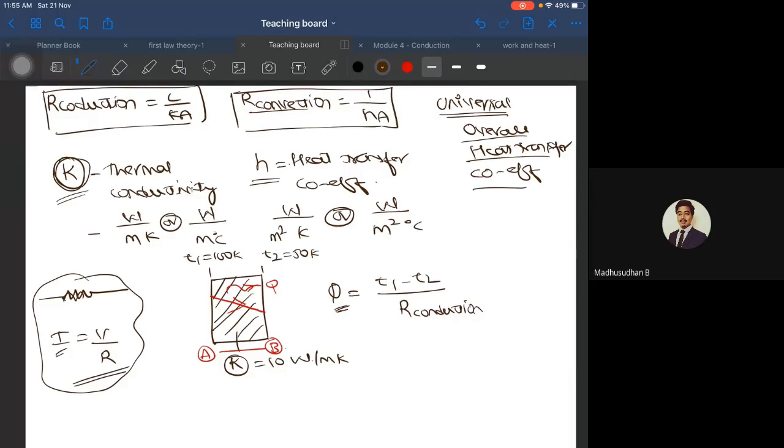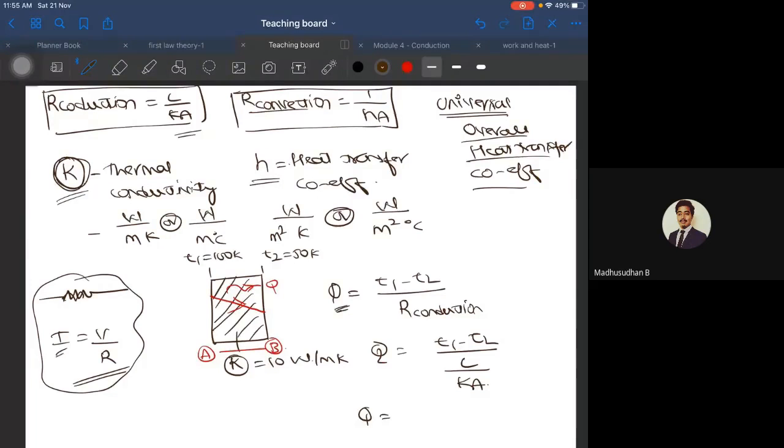So, substituting further, Q is equal to T1 minus T2 divided by L divided by Ka. Why L by Ka? Because it is conduction. So the resistance in case of conduction is L divided by Ka.